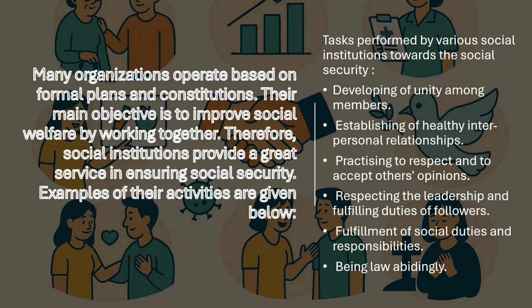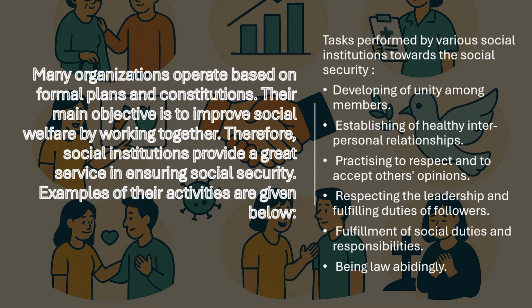Many organizations operate based on formal plans and constitutions. Their main objective is to improve social welfare by working together. Therefore, social institutions provide a great service in ensuring social security. Examples of their activities are given below.